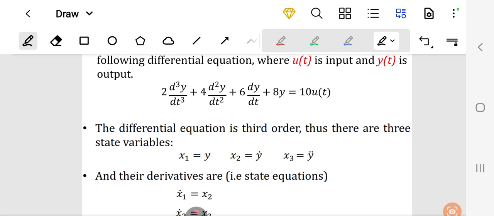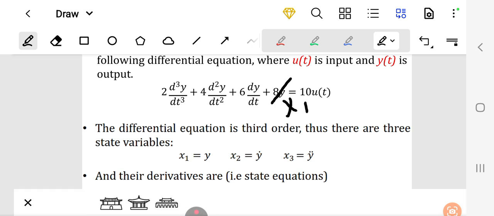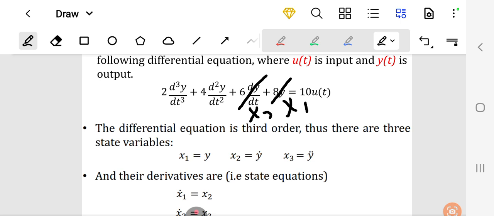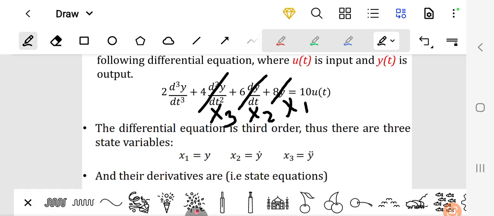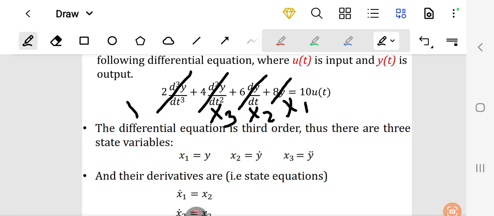The first state x1 is y, x2 is dy by dt, x3 is d2y by dt squared, and for the last one, x3 dot is the derivative of x3. We have a third order differential equation, so we will have three states, x1, x2, x3.